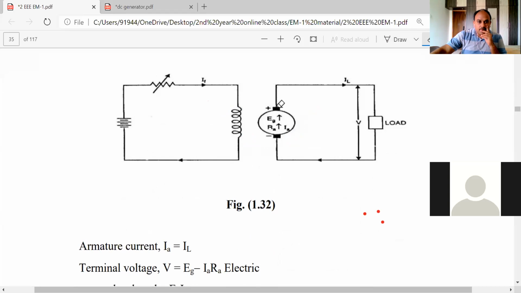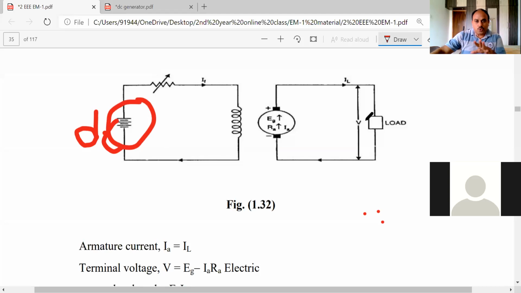This is the field winding, and it is excited from another DC source. This is the external source, not related to this generator. That is why this is called a separately excited generator.